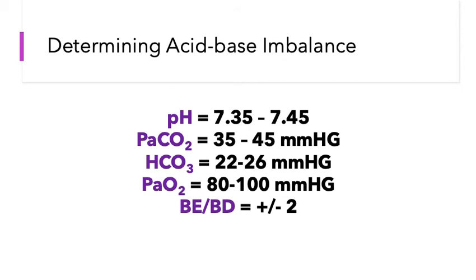Different organizations and different hospitals have different normal values. I recommend that when you do your training, you look at the hospital's common normal values for their ABGs. You can always see this in the patient's chart, or you can ask respiratory therapists, or you can ask the nurses that you're working with so that they're going to tell you what the normal value is.